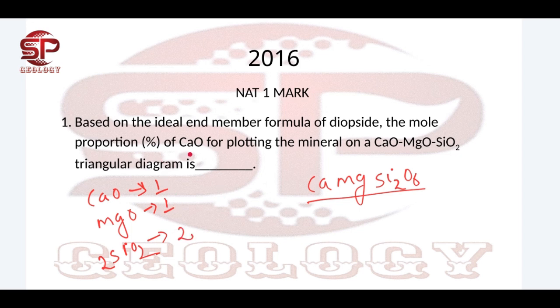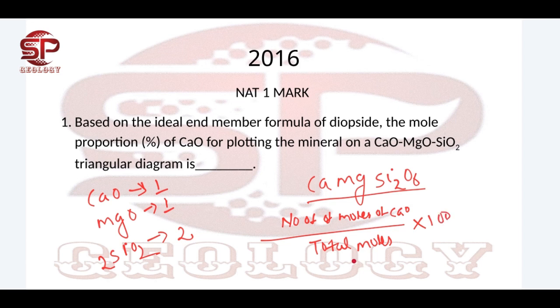So we have to calculate the mole proportion of CaO: number of moles of CaO divided by total moles, into 100. The number of moles of CaO is 1. Total moles are 1 plus 1 plus 2, that is 4, into 100. That will be 25%.